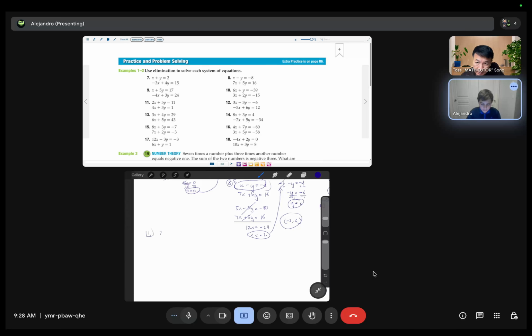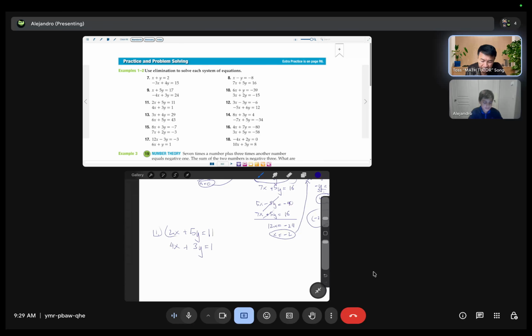All right. Okay. So what do you think about number 11? Which one would you eliminate? I know you're copying this down, but I'll probably eliminate x, yes, by multiplying the top by 2.